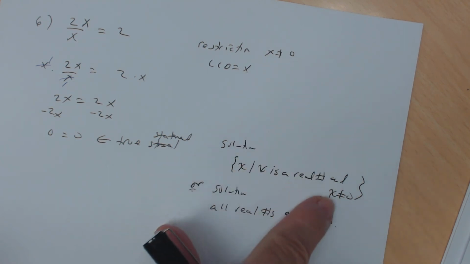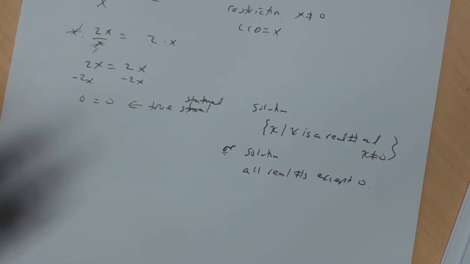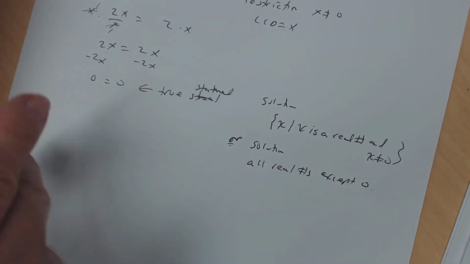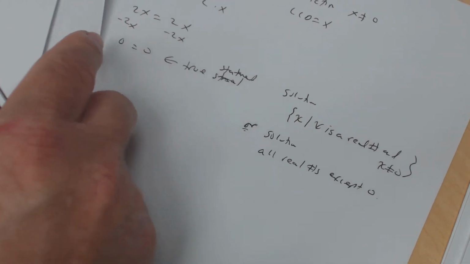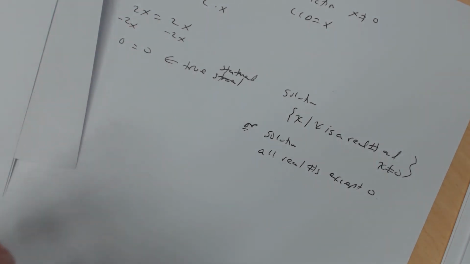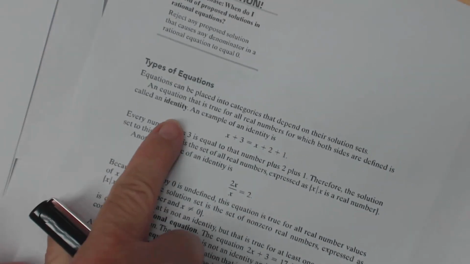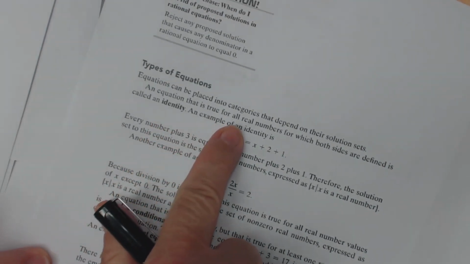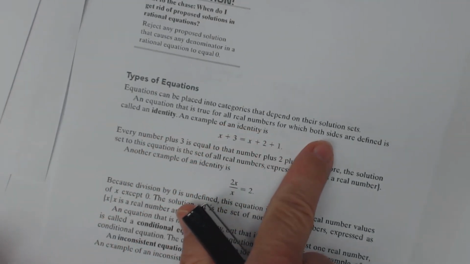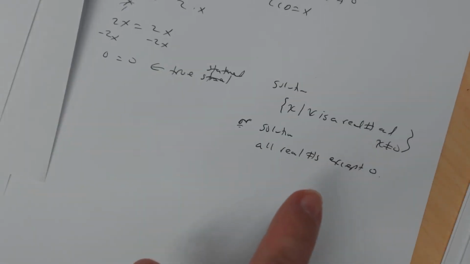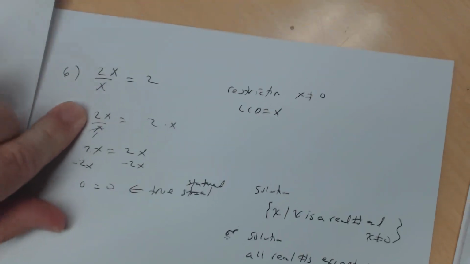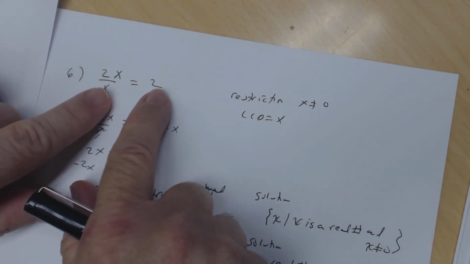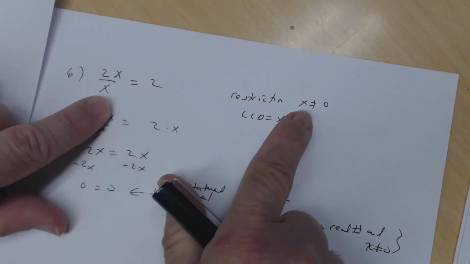Now remember, let's go back to the definition of an identity. An identity is an equation that is true for all real numbers for which both sides are defined. So both sides are defined for all real numbers except 0.